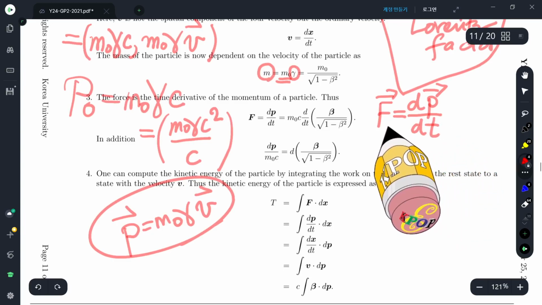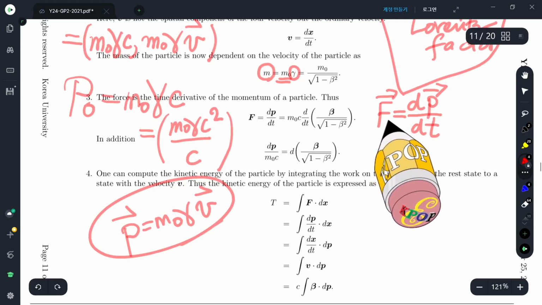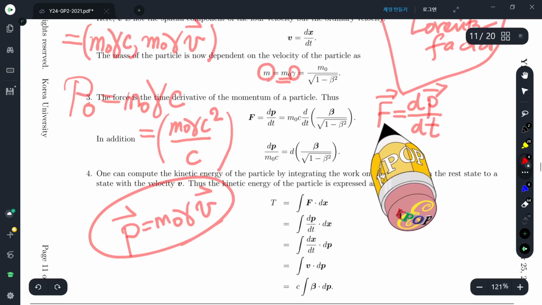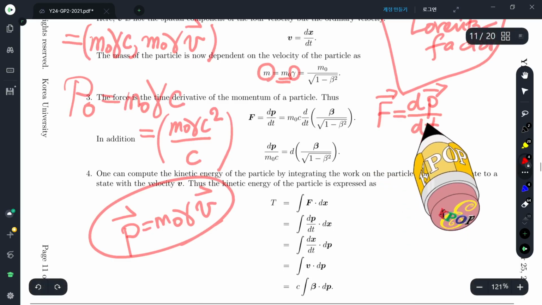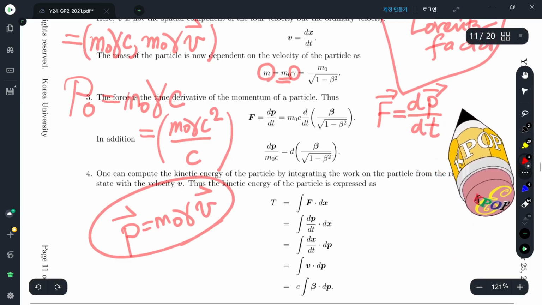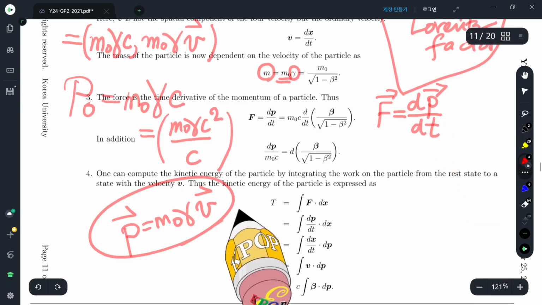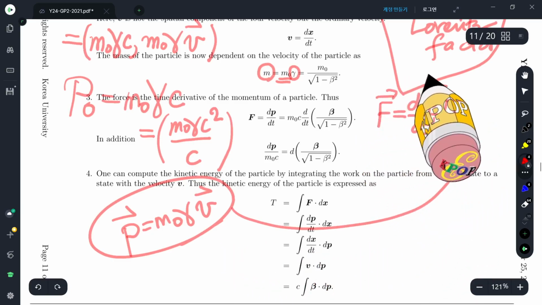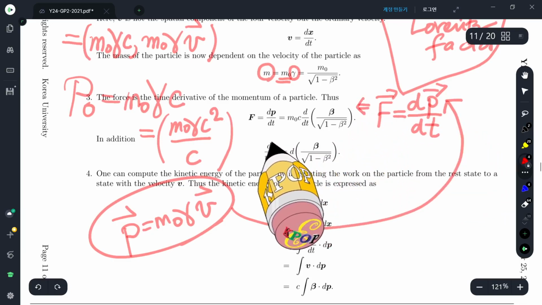So this force is not the spatial component of a four vector. Very important. It is just what we measure in the real world. Okay, and we would like to substitute this force in here.